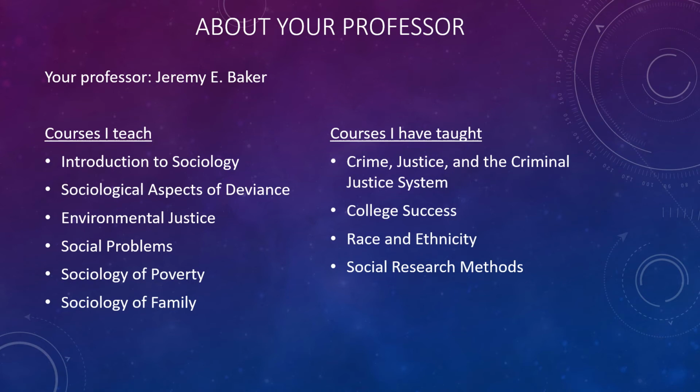And then finally, social research methods is basically where you learn how to actually be a scientist as a sociologist. That's a really fun course to teach. I'm actually going to start teaching that in the spring at a different school.